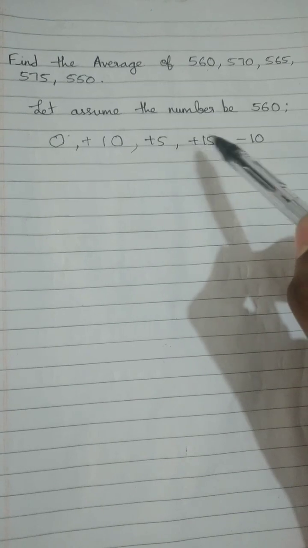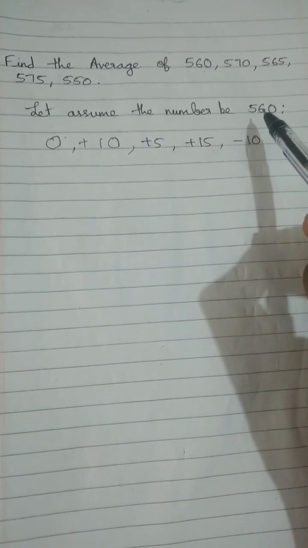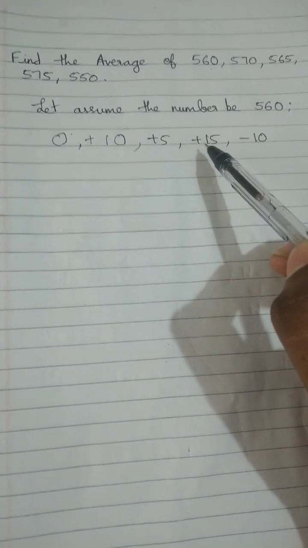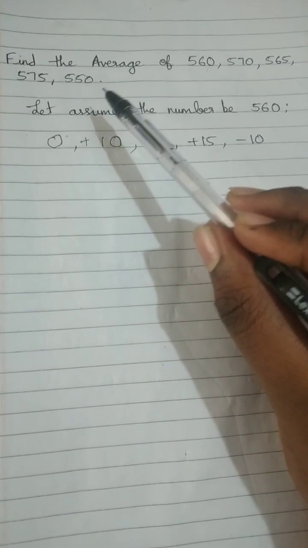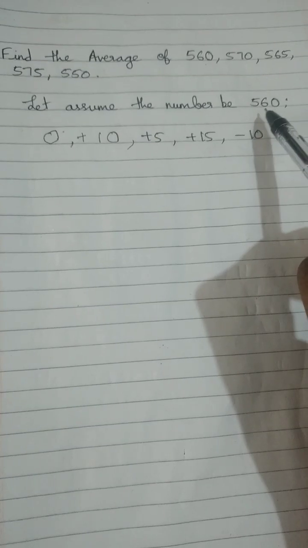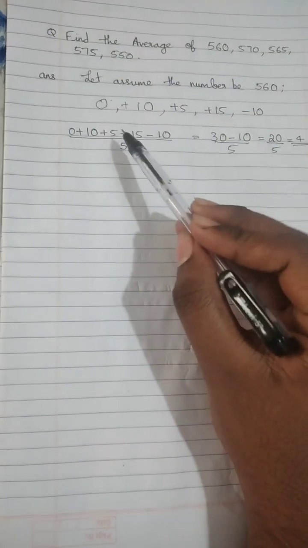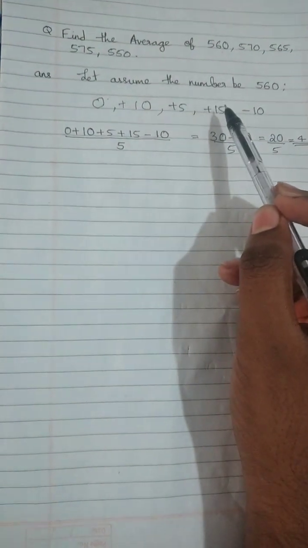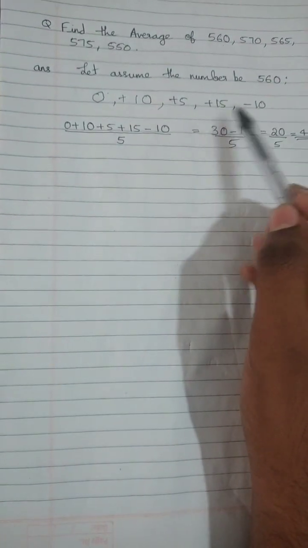575 is 15 more than 560, so plus 15. Now 550 is 10 lesser than 560, so minus 10. In the next step, you must add all the pluses and subtract the minus.